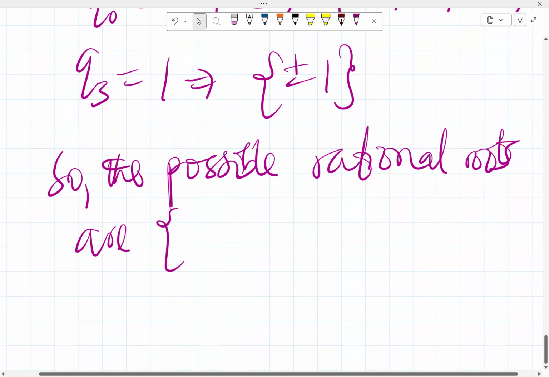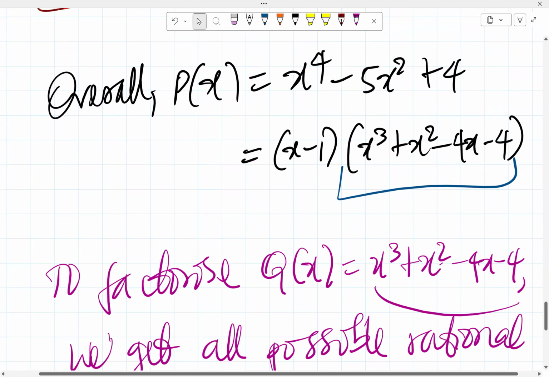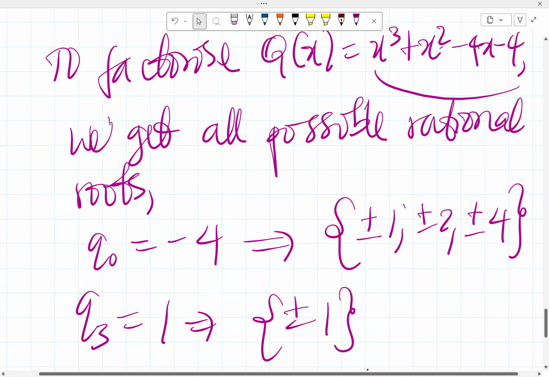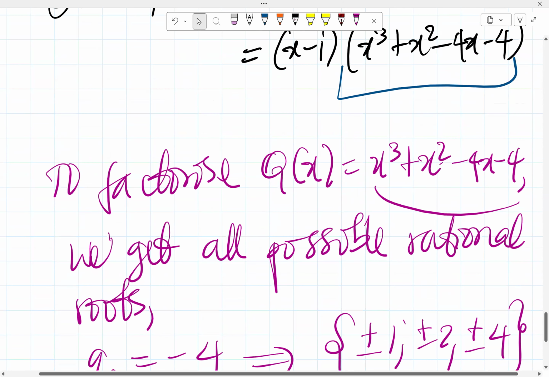So the possible rational roots are plus or minus 1, plus or minus 2, and plus or minus 4, like this. So with that in place, we start the whole business again of trying which one can work in q of x.